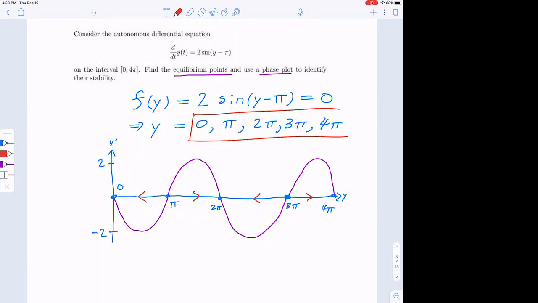So these arrows help with stability versus instability. If you started close to 0, you would end up going towards 0. If you started close to pi, you would run away from pi, so that would be unstable. And going towards 2 pi is stable, away from 3 pi is unstable, and towards 4 pi is stable.